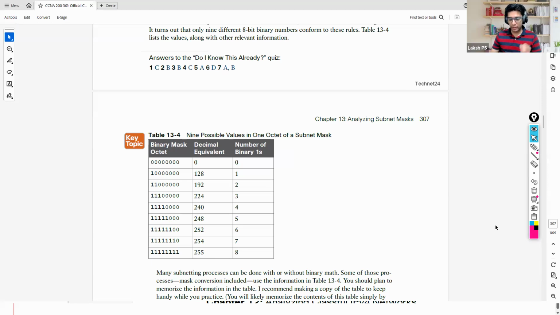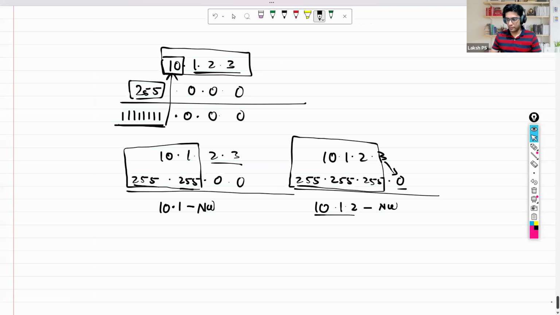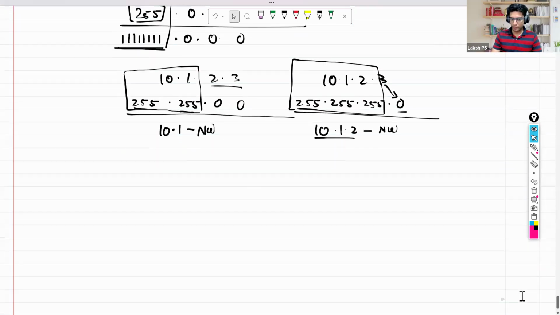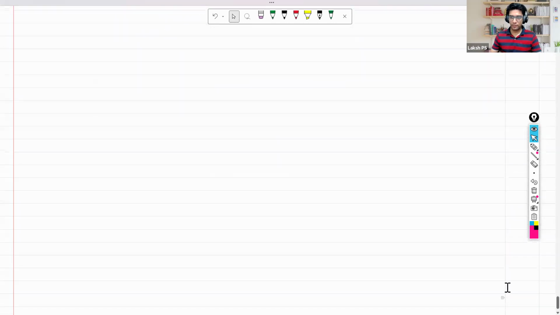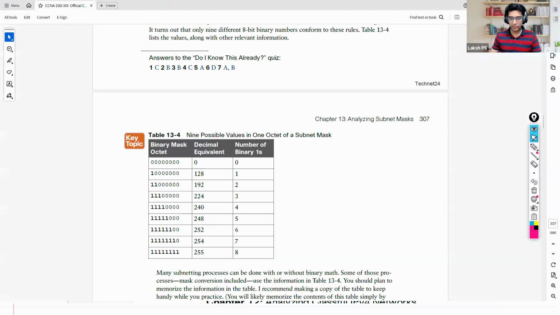So a few terms that we have to understand are these.